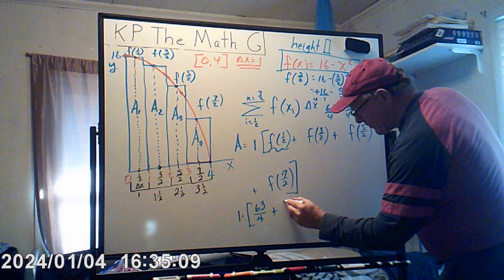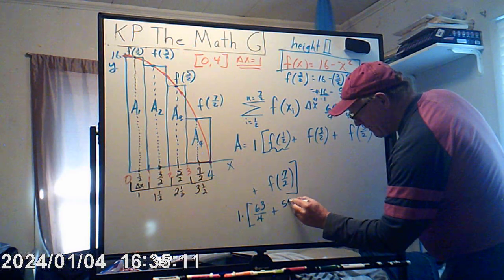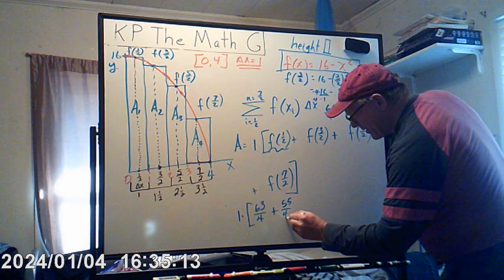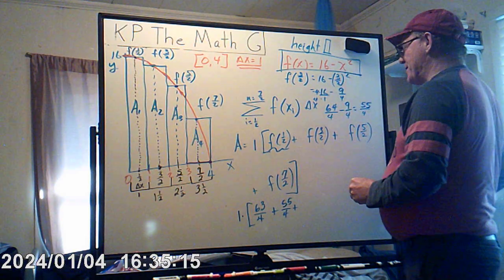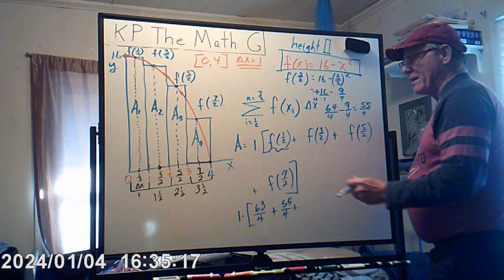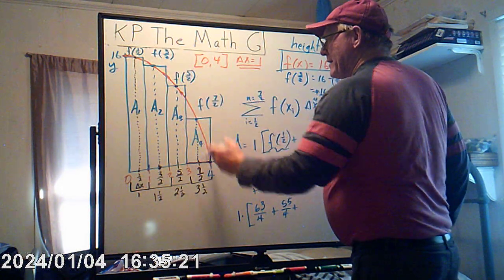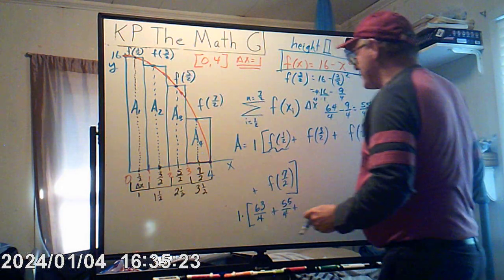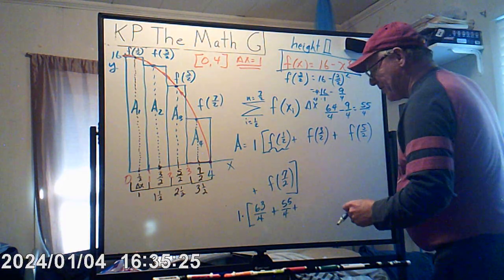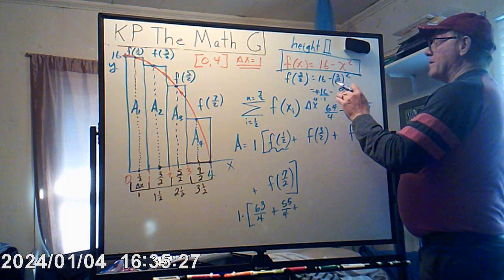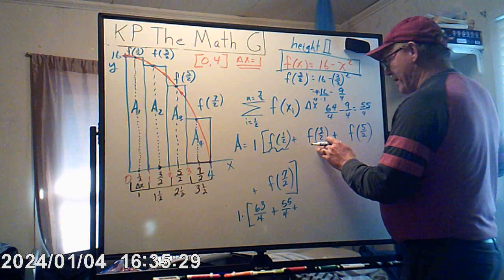So plus 55 over 4. It should be getting smaller each time because our function f is decreasing.